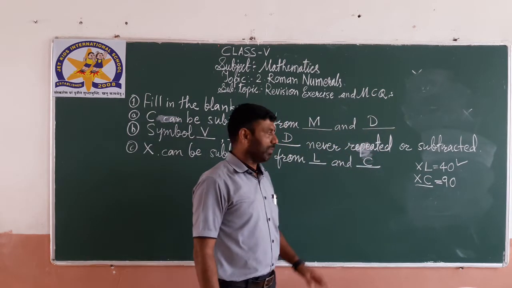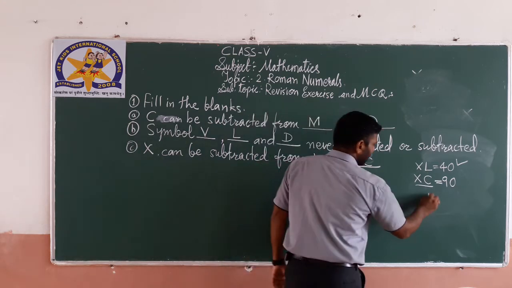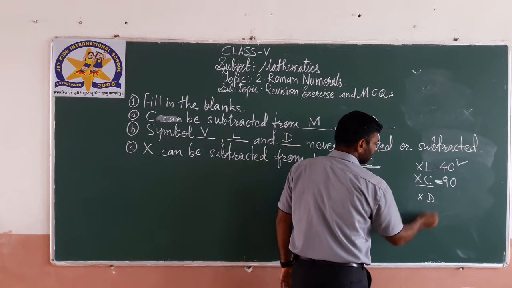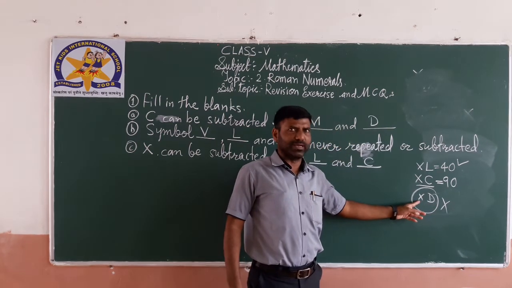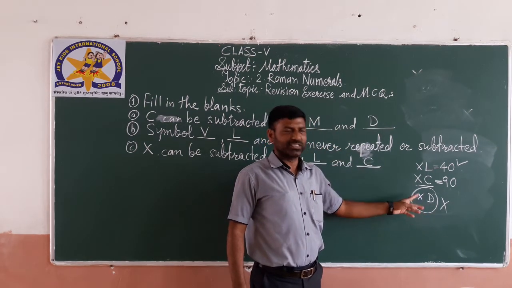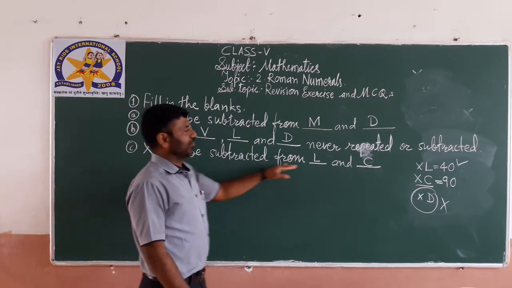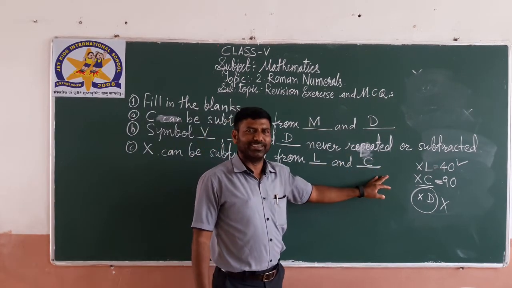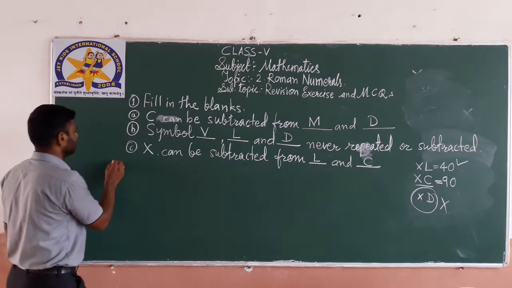Understand? We cannot write DX as 500 minus 10. That's why X can be subtracted from L and C only. Understand?